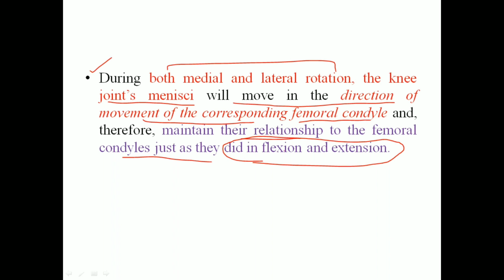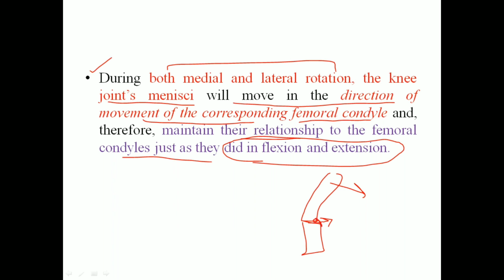Already I have explained during flexion and extension, when we were doing flexion movement, if this was our tibia bone and this was our femur, the meniscus was also going posteriorly in the angular movement direction of the bone, to just come below the femoral condyle to reduce the friction between femur and tibia.